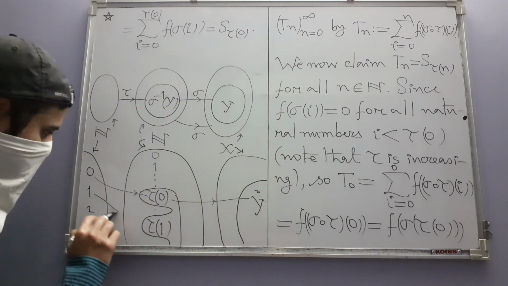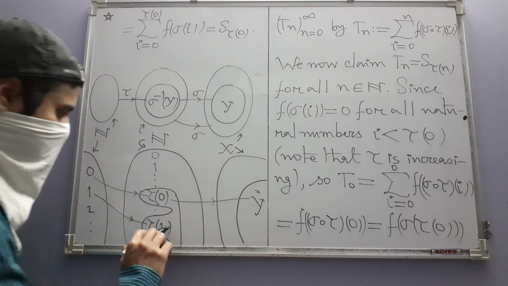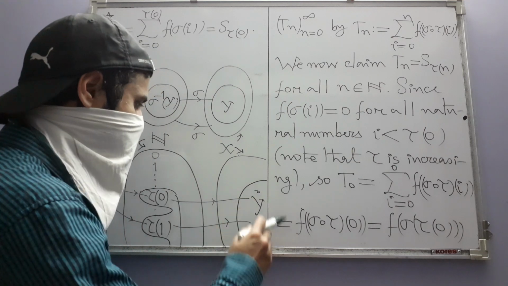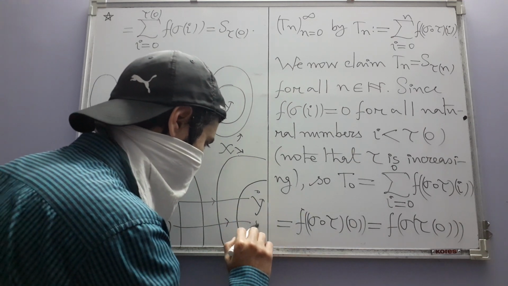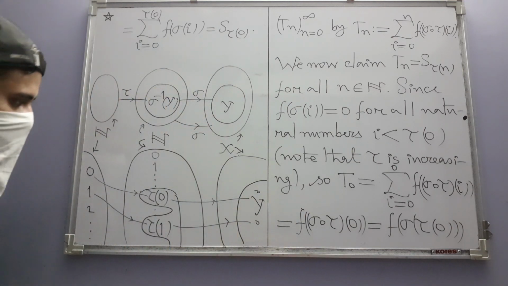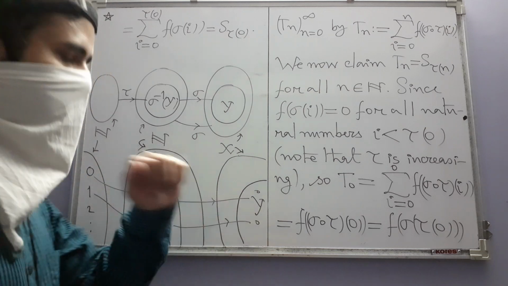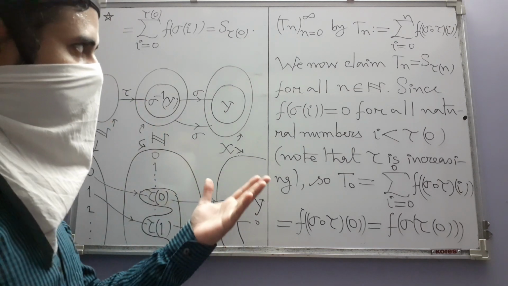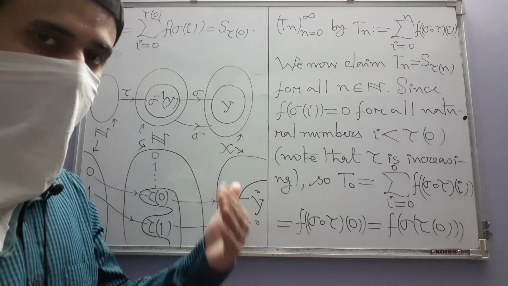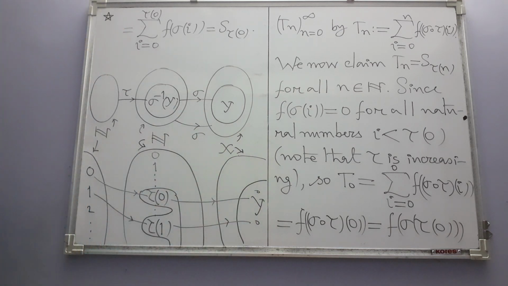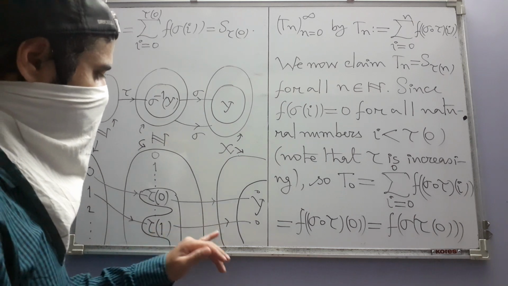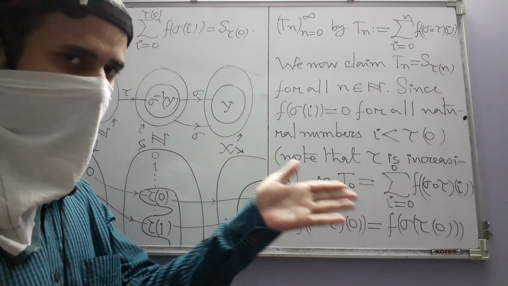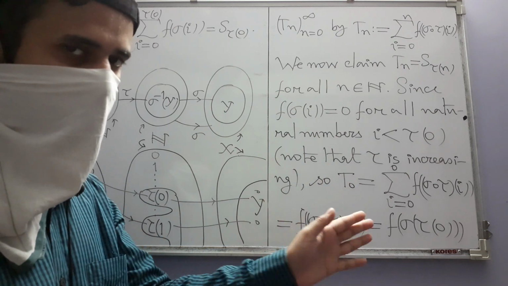Similarly, 1 gets mapped to this element, but then that gets mapped by sigma to sigma composition tau of 1, which is again an element in y, and this is a one-to-one correspondence. That's what we have written, right? Sigma composition tau is a bijection from n into y, and this bijection we have used to create that infinite series out of that summation f of x as x varies over y.